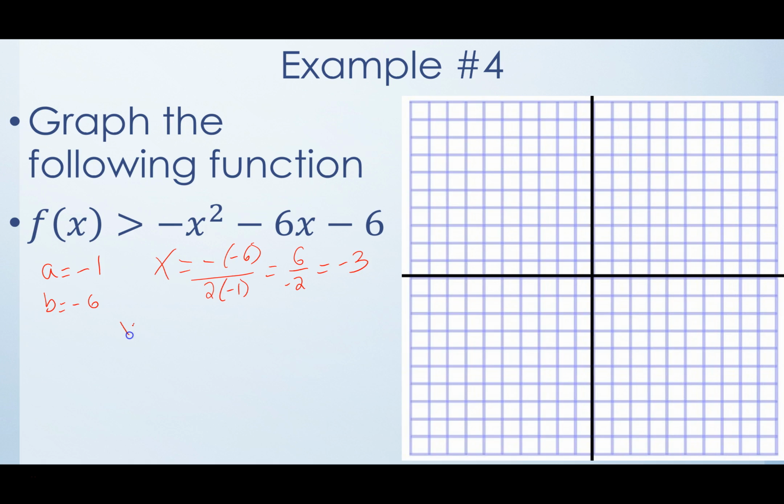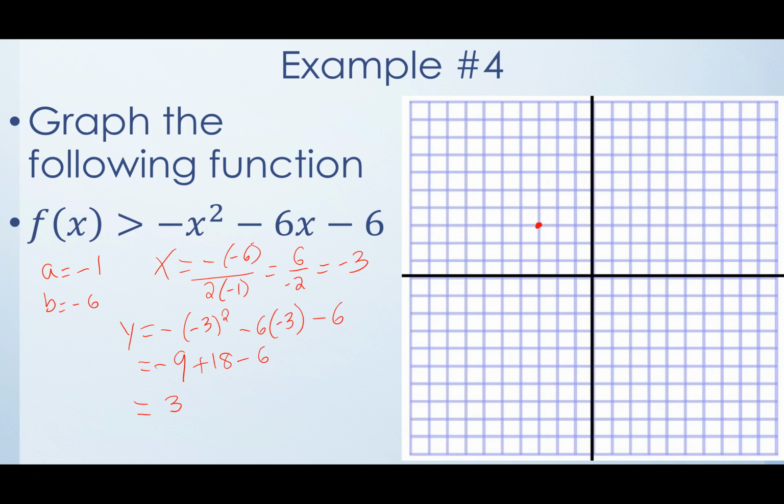We then plug that in to find y, so it's negative of negative 3 squared minus 6 times negative 3 minus 6. Well, again, we square the negative 3 first to get a positive 9, but then it becomes negative because of the negative on the outside. This is positive 18, this is negative 6, so this works out to be positive 3.